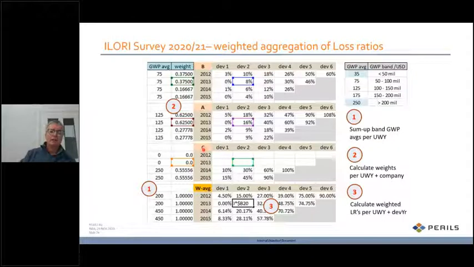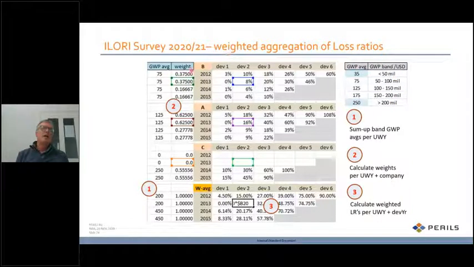The loss ratios for each company, A, B, and C, are what we get from you, and we just copy paste them into our spreadsheets. On the other side, we get an indication from you about the premium volume of your book of business. And this is the effective table which was in place for this year's survey.